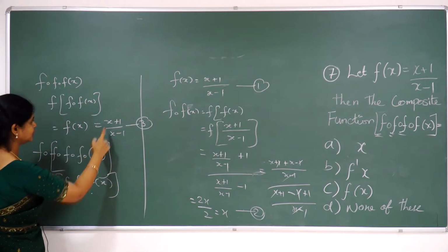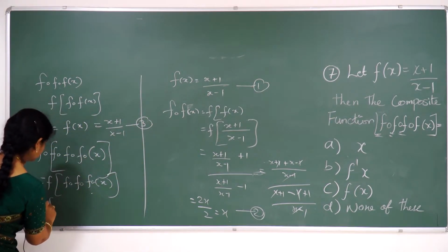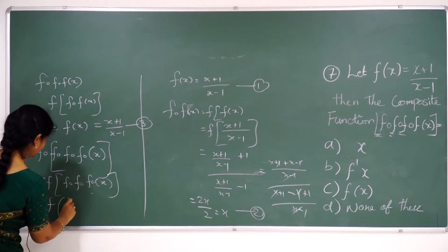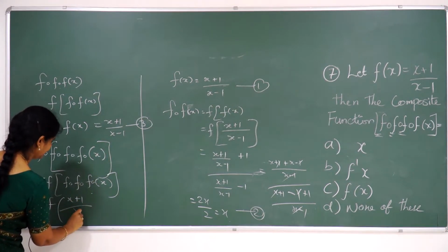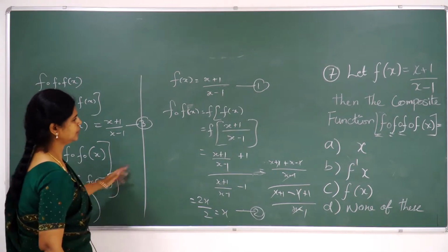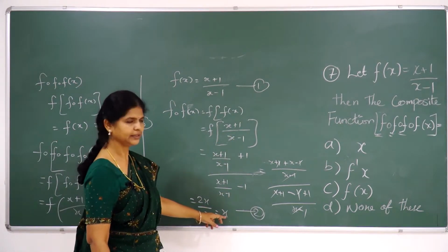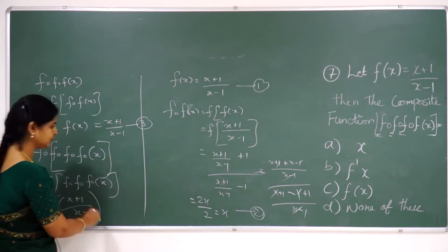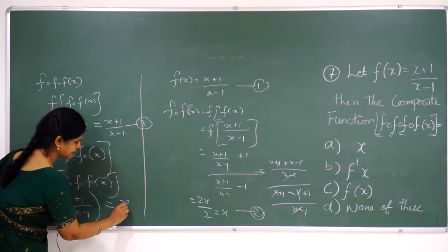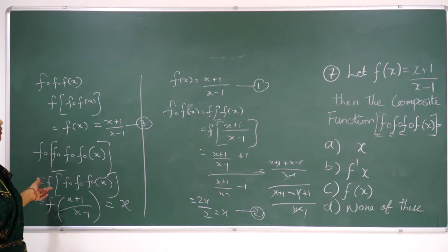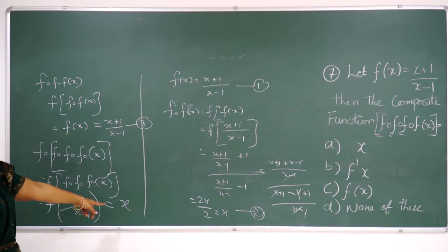So substitute, and using 3 you get f of (x plus 1)/(x minus 1). Now we already found f of (x plus 1)/(x minus 1), the final answer is x. So using 2, the four-times composite value is x.